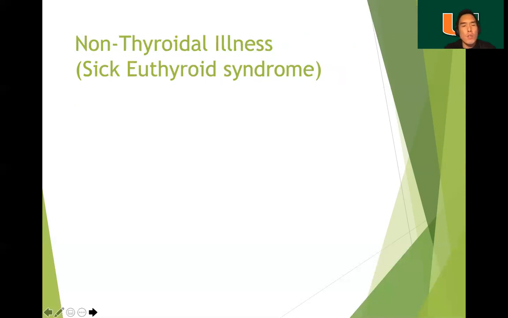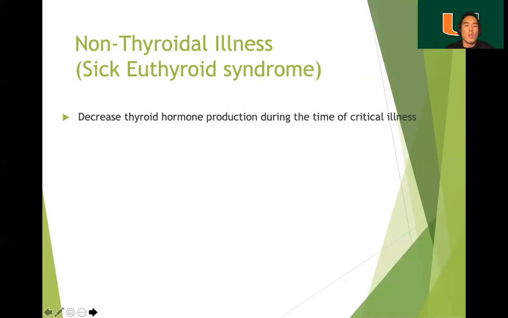Now, there's also another condition that often comes up when you are in the ICU, when a patient is critically ill. It's called sick euthyroid syndrome, the old name. The new name is non-thyroidal illness. What is it?